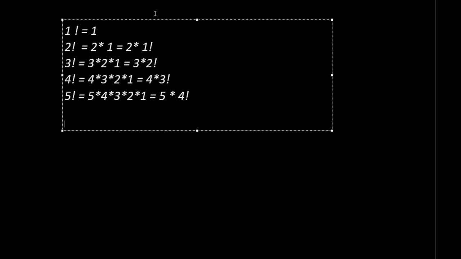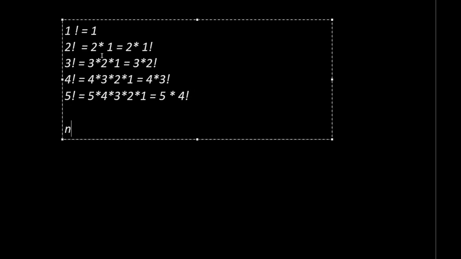So by observing all the above scenarios, what can I conclude? n factorial is nothing but n into n minus 1 factorial. 2 factorial is 2 into 1 factorial. 3 factorial is 3 into 3 minus 1, that is 2 factorial. 4 factorial is 4 into 3 factorial. 5 factorial is 5 into 4 factorial.